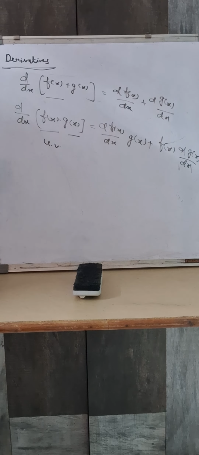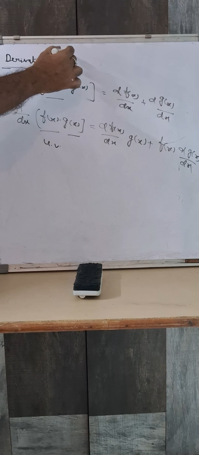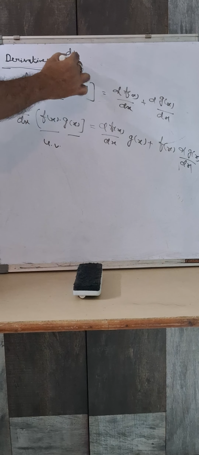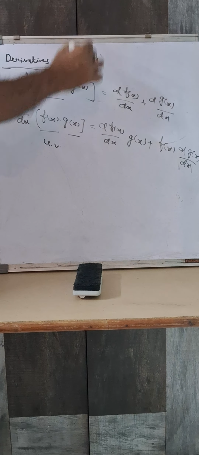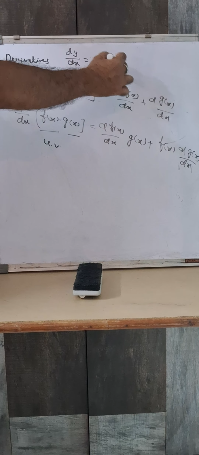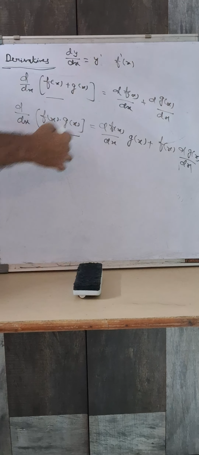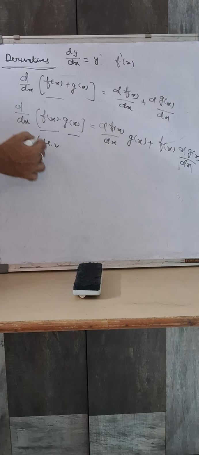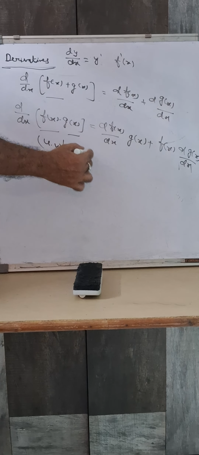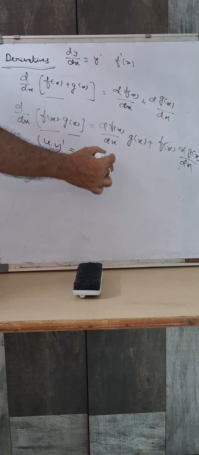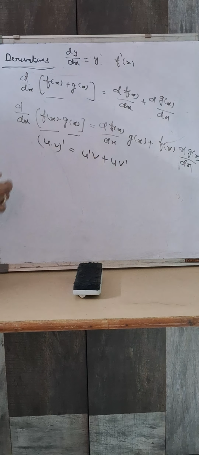One more thing, dy upon dx can be written as y dash. Also if y equals f(x), then f dash. So if u and v are two functions, then the derivative of their product is u dash v plus u v dash.